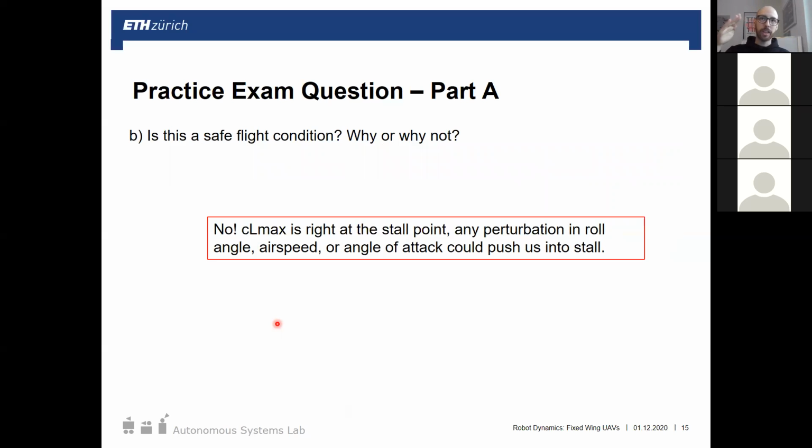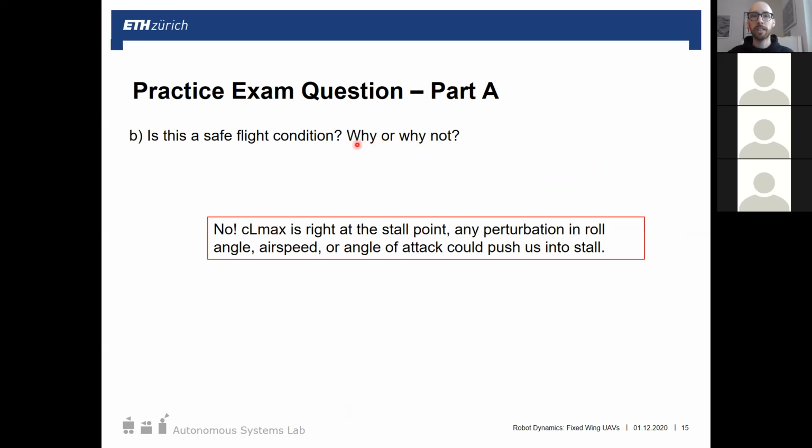So if we're right at the start of stall, and maybe we roll a bit more, or a small gust pushes us slower or faster, we can stall, and then we run into issues. So in general, you really shouldn't design your flight speed or flight condition right at the stall point, CL max. So all this part B really wants to know is, is it safe? If it's right next to stall, no, it's not safe.